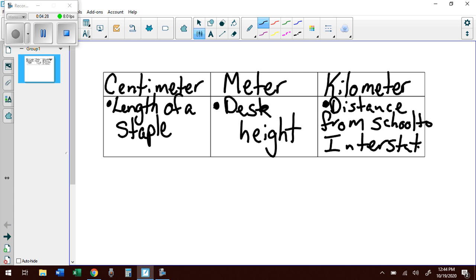If you have to, now I know that you guys, I'm confident that you could walk from here to the interstate. That's not what I'm arguing. But if it would be more convenient just to get in your car and do that, then you're probably measuring it in kilometers.